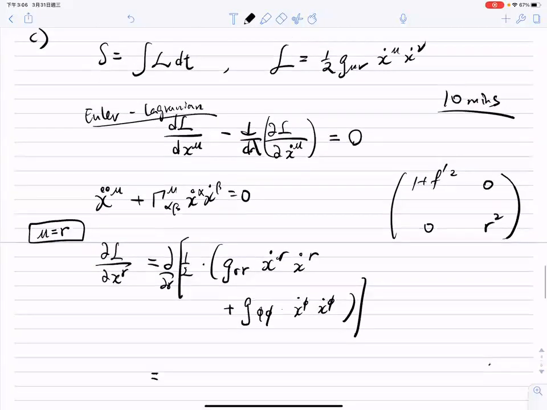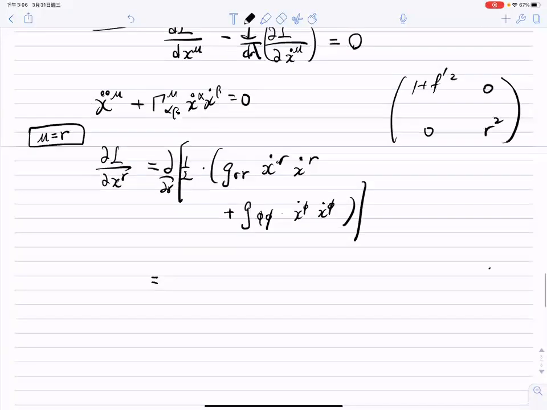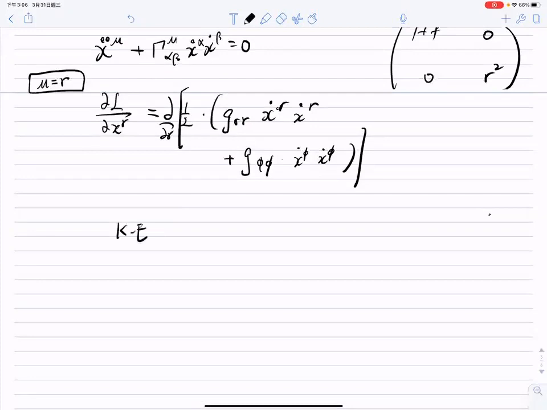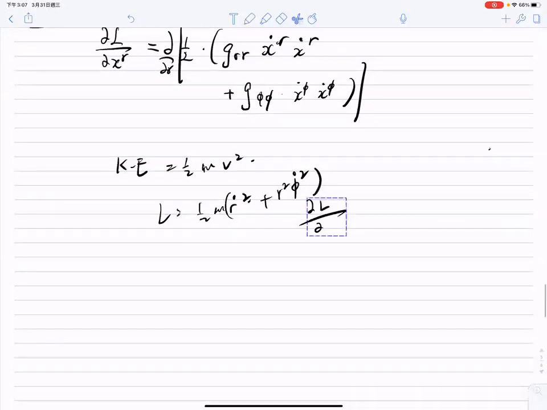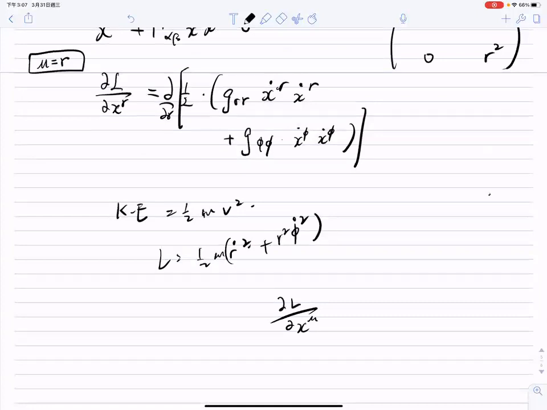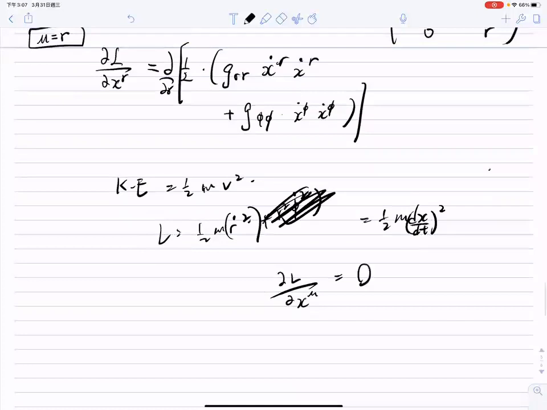As you have calculated before, in Euclidean 3D space, if you only have a kinetic energy term, 1 over 2 m v squared, using cylindrical coordinates, r dot squared plus r squared phi dot squared, in Newtonian mechanics, and then you calculate all the partial derivatives with respect to x mu in the case without any potential energy, it has to be 0, right?